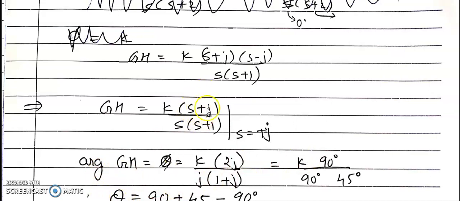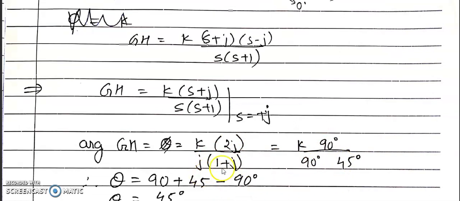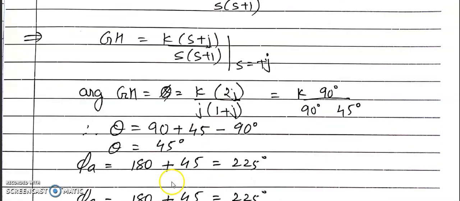After substituting we get 2j, j, 1 plus j. So 2j means 90 degrees, j means 90 degrees, and 1 plus j means 45 degrees.